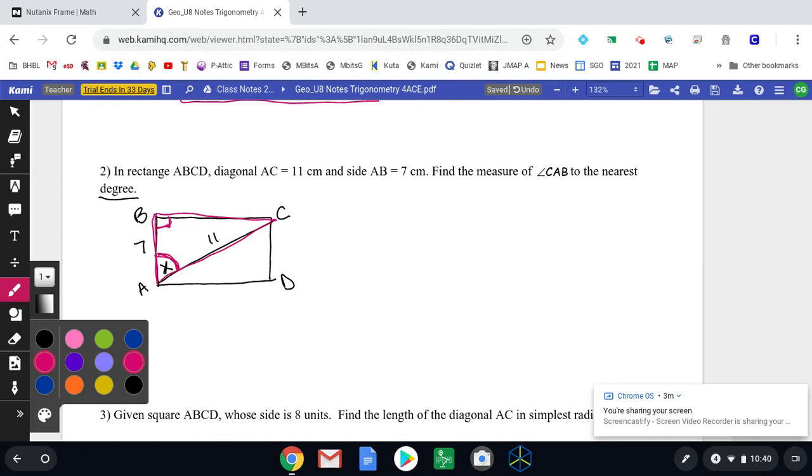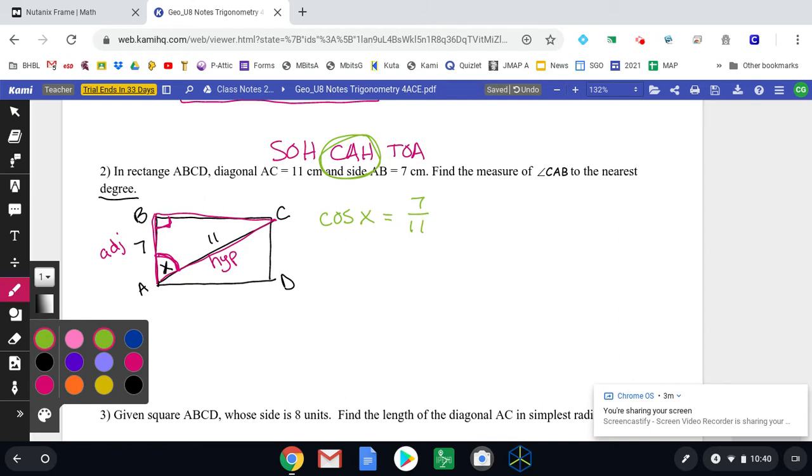If this is my reference angle here, I need to again label with SOHCAHTOA. I know right here I have a hypotenuse, and this side here is my adjacent. So adjacent and hypotenuse, that's a cosine function. So cosine of x equals my adjacent over my hypotenuse.